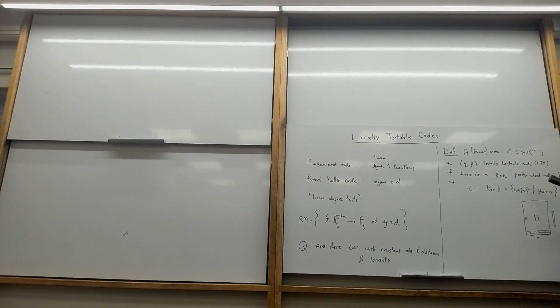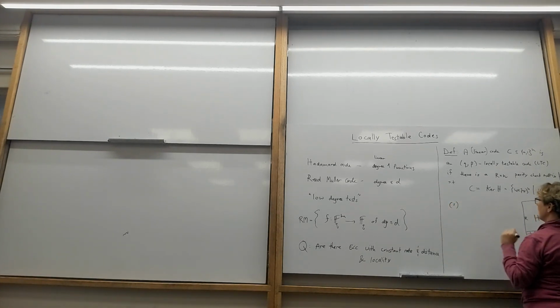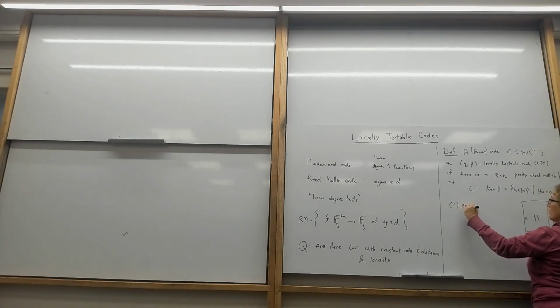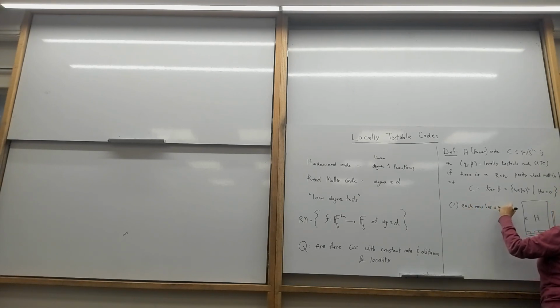Okay, so it's locally testable if there is some parity check such that, well, first thing I want is that each row has at most q non-zeros, so that each check is local.